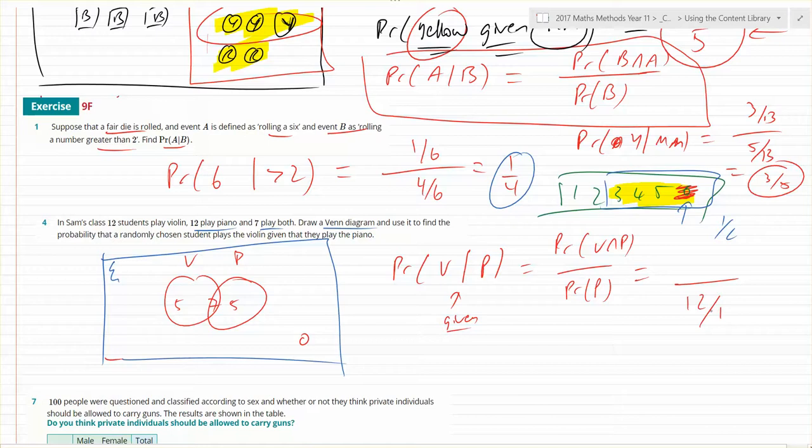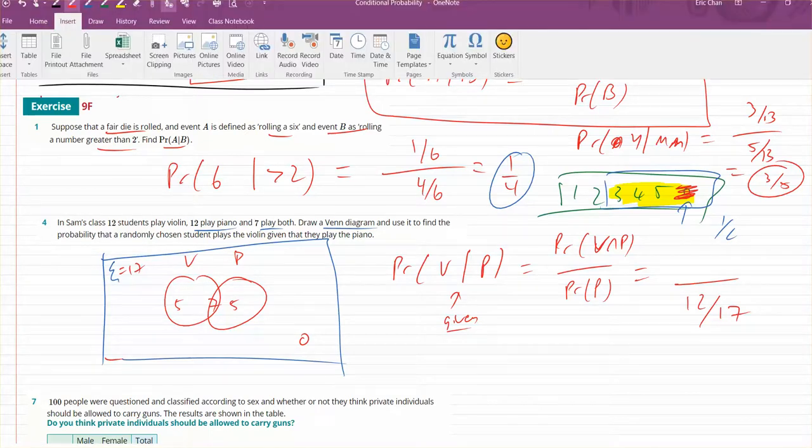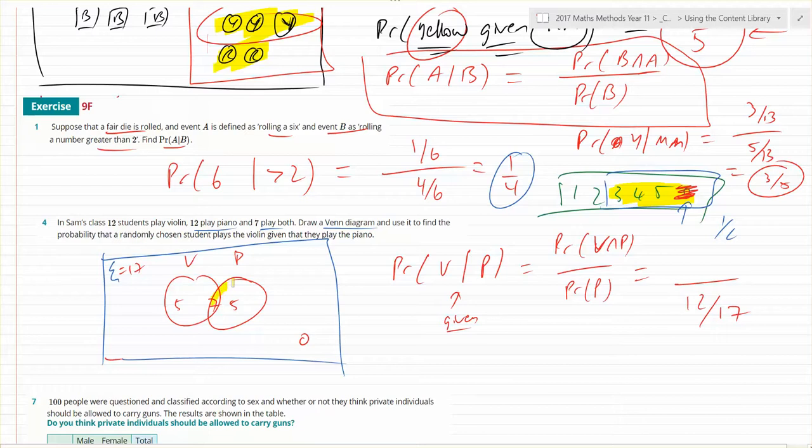So there are a total of 5 plus 5 plus 7, which is 17. So 5 out of 17, because there are 17 in total. And we want V intersection P. So out of my new total, out of these students, how many play violin and piano?